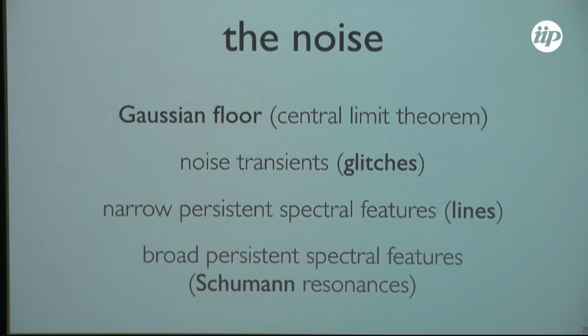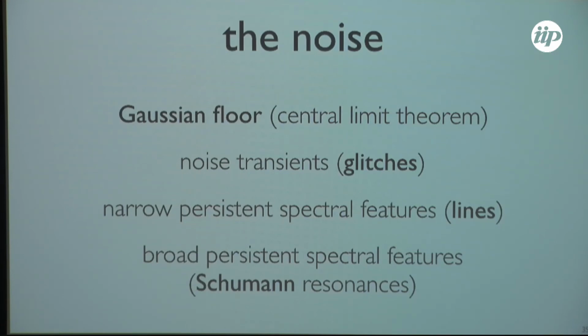It actually appears in all instruments around the world, and it has to do with Schumann resonances, which are resonances in the electromagnetic field of the Earth, resonances in the atmosphere between the surface and the ionosphere. So whenever there's lightning somewhere, there are these electromagnetic oscillations around the world, and they show up in all the detectors, and they matter if you want to analyze, in a search for example, the stochastic background.